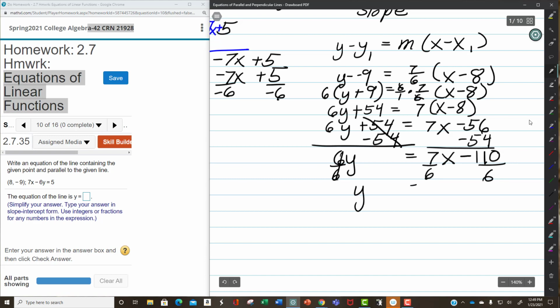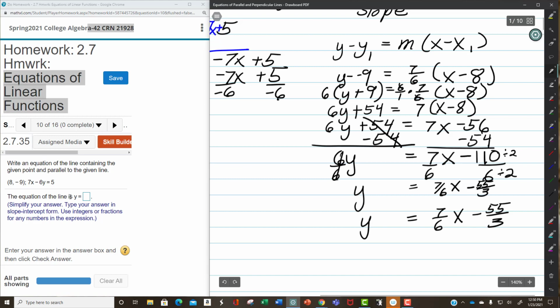So y equals 7/6 x minus, 2 goes into 110 and 2 goes into 6, so divide both of these by 2 and you will have 55 over 3. So let me write that larger. y equals 7/6 x minus 55 over 3.